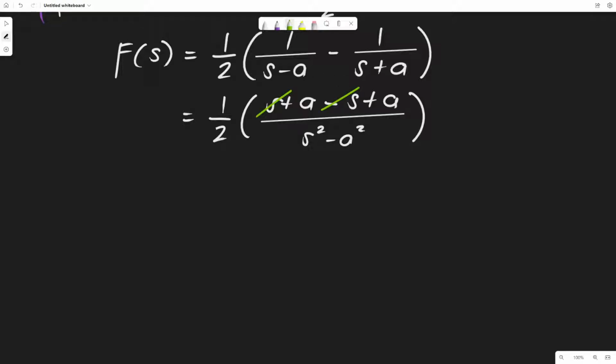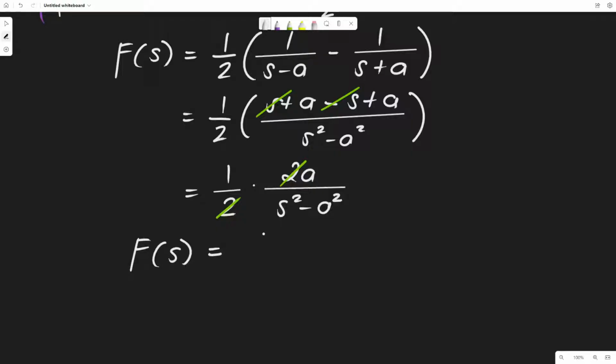Ayan. Diba? So, we have here 1/2 multiplied to 2a, kasi a plus a is 2a, over s squared minus a squared. So, makakancel na yun. So, therefore, we have the Laplace transform of hyperbolic sine at is equal to a over s squared minus a squared.